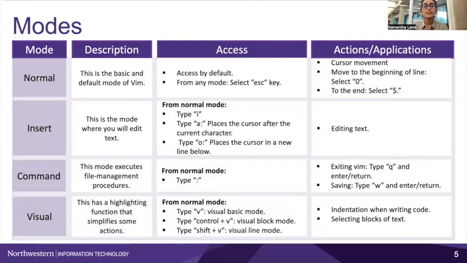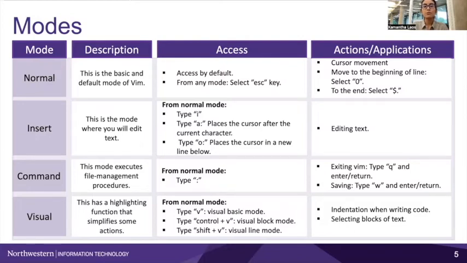The third mode is a command mode, and this mode executes most of the file management procedures. To access command mode, you must be in normal mode and then type semicolon. Some of the actions you can execute here are saving the file or exiting the Vim panel. Finally, visual mode.